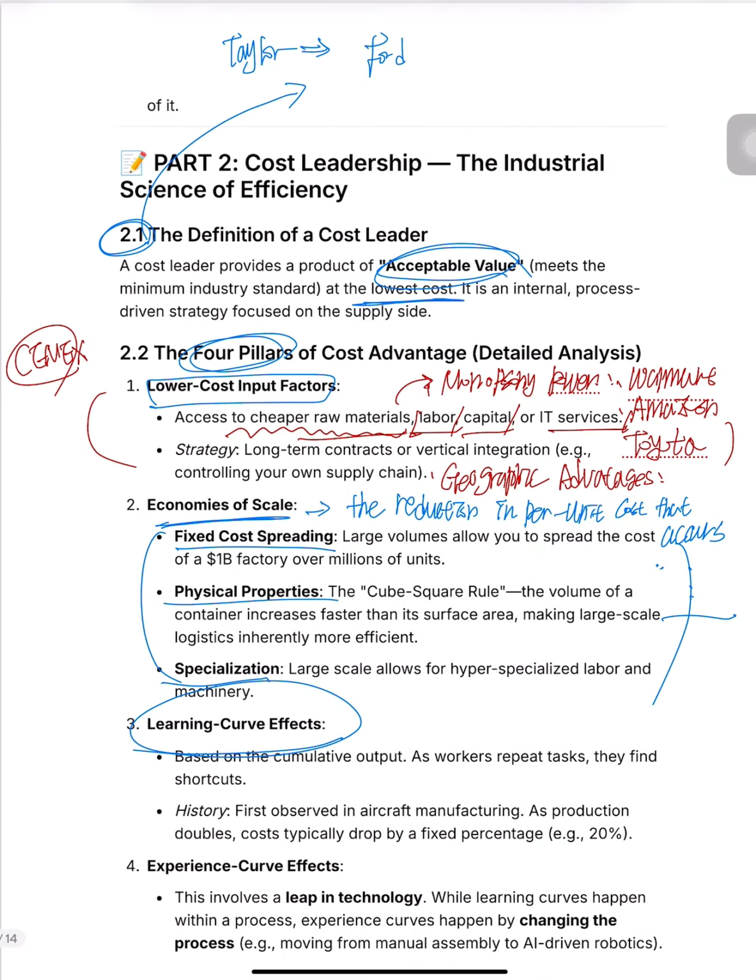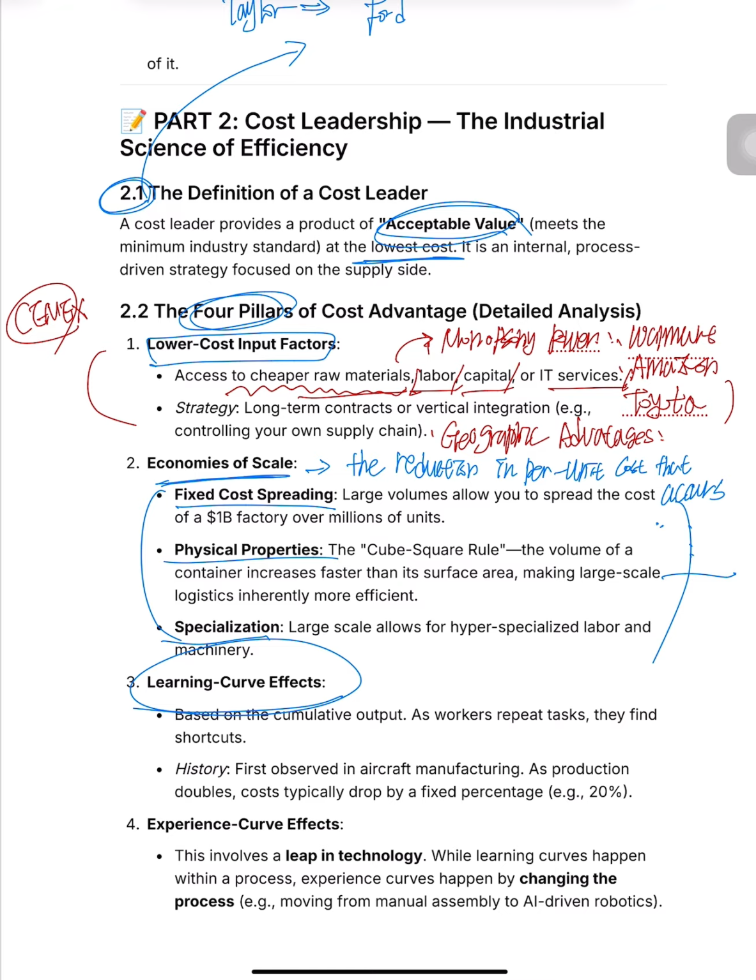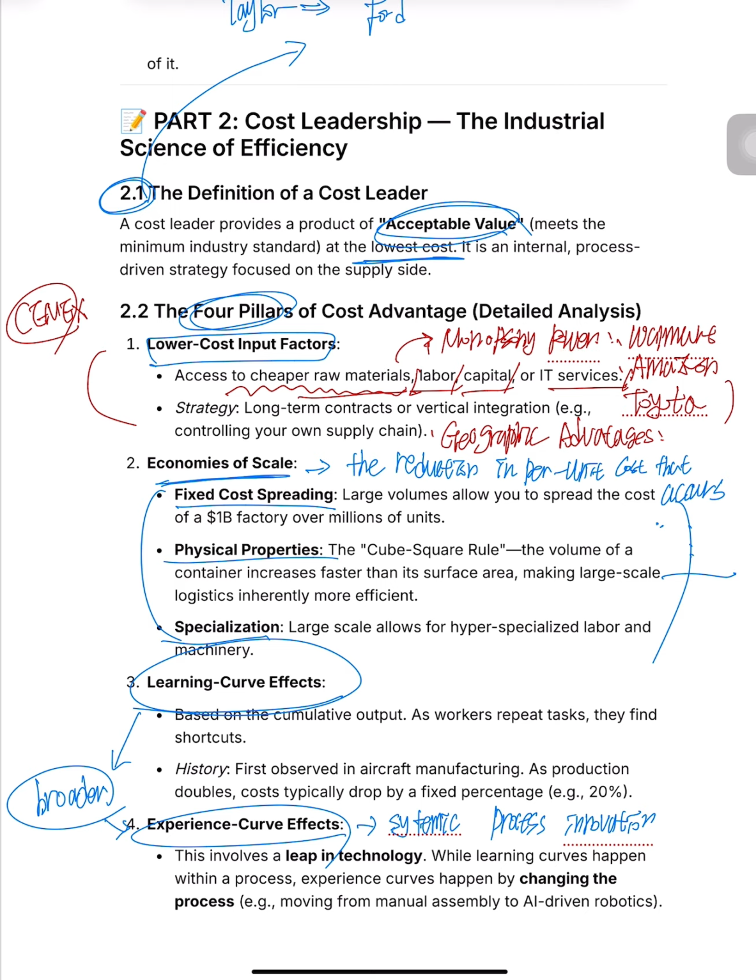Okay. The last pillar is the experience curve effect, 경험 곡선 효과, systemic process innovation. While the learning curve is driven by the accumulation of individual human skill, the experience curve effect is much broader, a more transformational concept.